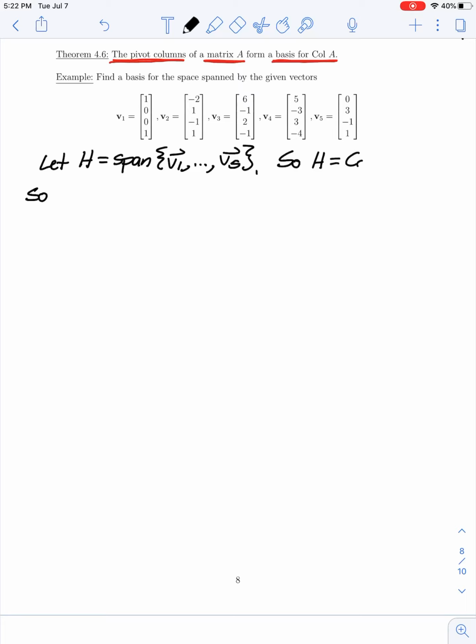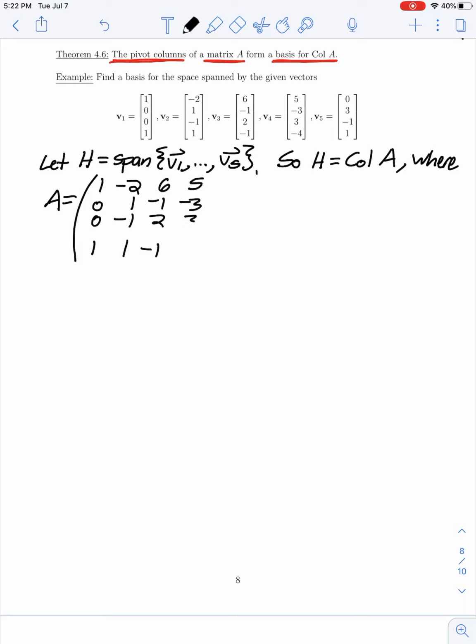We'll say that our set H is equivalent to the column space of a matrix A, where A is the matrix which has these vectors as its columns: 1, 0, 0, 1; -2, 1, -1, 1; 6, -1, 2, -1; 5, -3, 3, -4; and 0, 3, -1, 1.